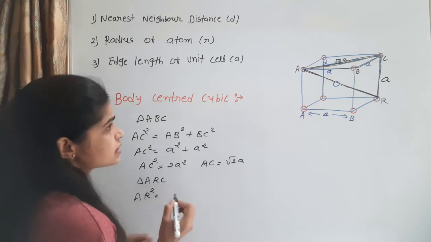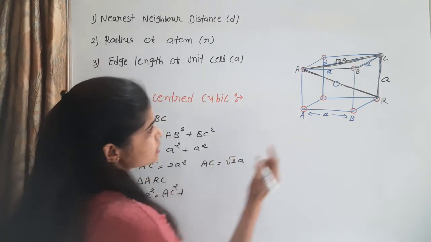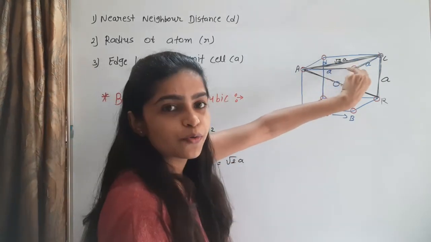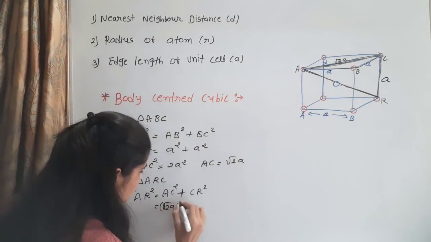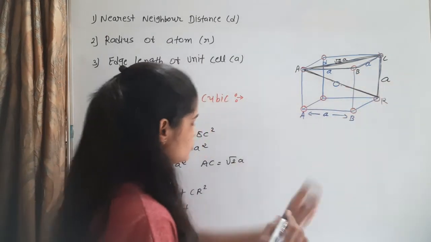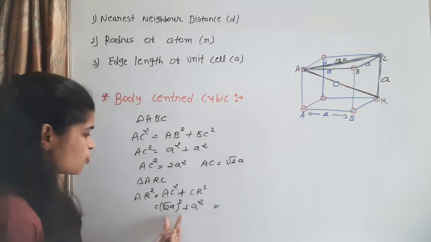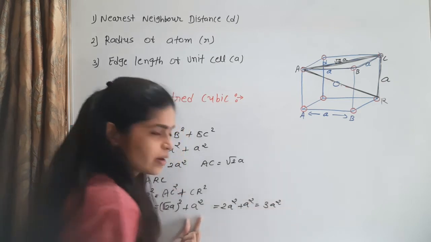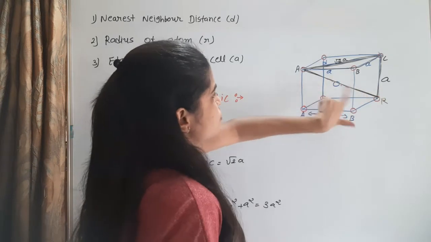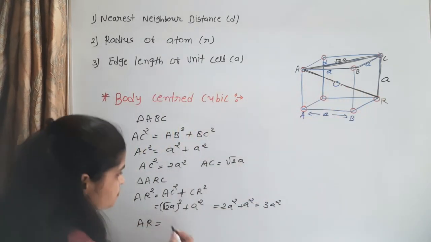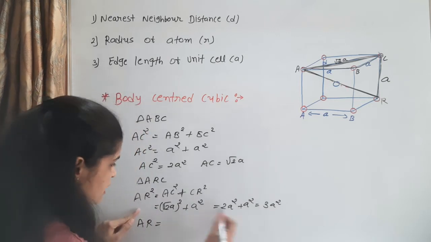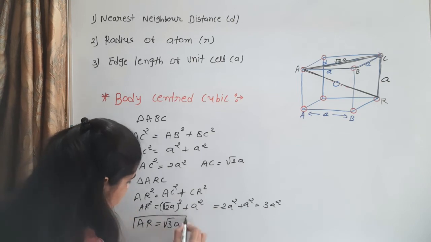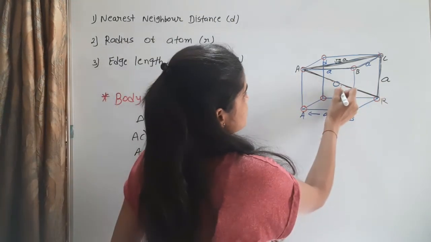AR square is equal to AC square plus CR square, which is under root 2 A square plus A square, meaning 2A square plus A square is equal to 3A square. So AR square is 3A square, and AR is under root 3 A. AR is the body diagonal distance.